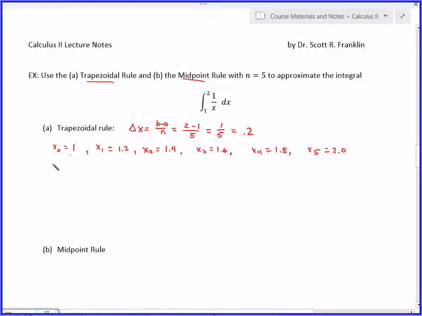Okay, so now plug this into the formula. T5 will be delta x over 2 times, remember that's f of x0 plus 2f at x1 plus 2f at x2.